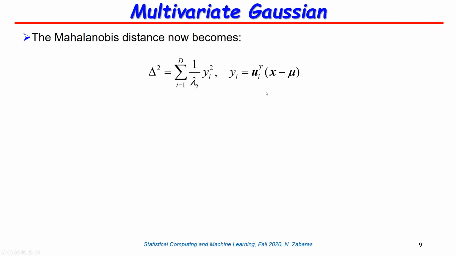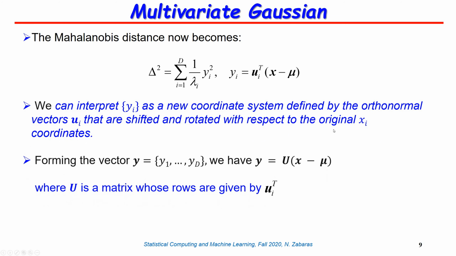So I can write all of these components in a vector form, and it will look like that. So y is equal to U times x minus mu, where in my notation this orthogonal matrix U is going to have rows that are given by the eigenvectors ui.